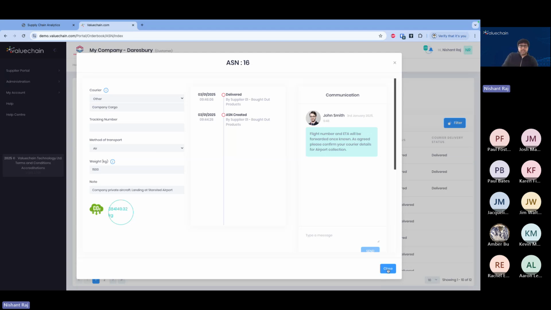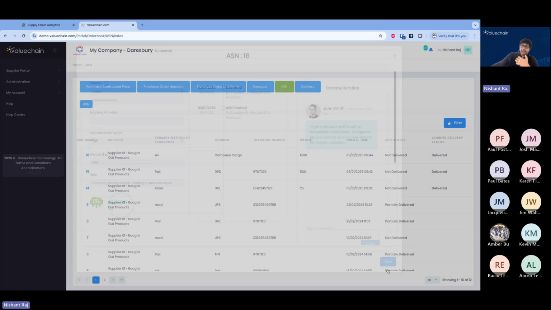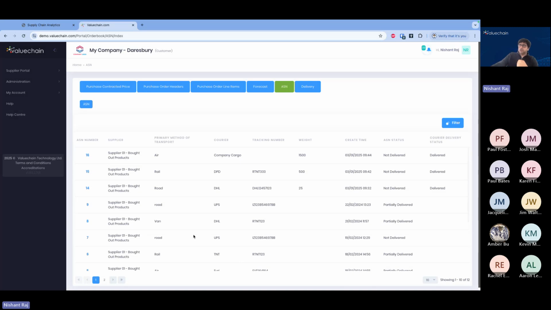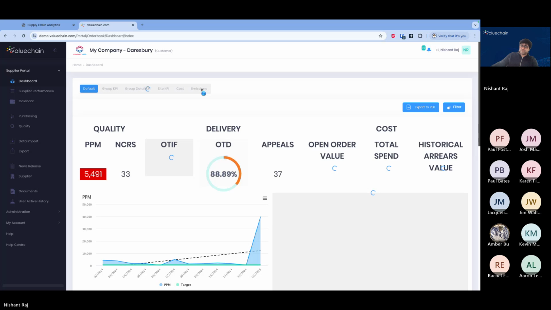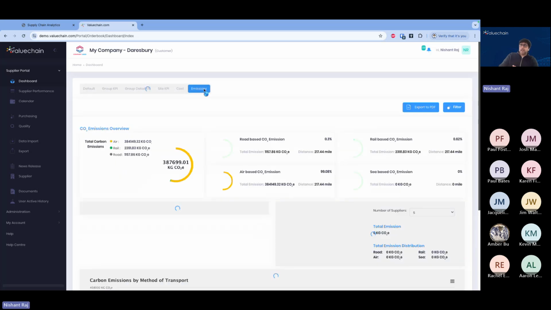And one of the logical things for us was that because a lot of this data was either a straightforward process or had a minimal input requirement coming in from suppliers, by ingesting that data and being able to utilize it, we are then able to do a key aspect, which is start reporting on those emissions.